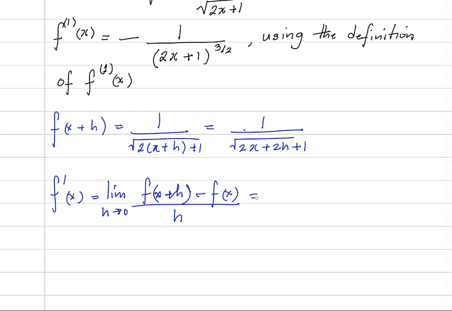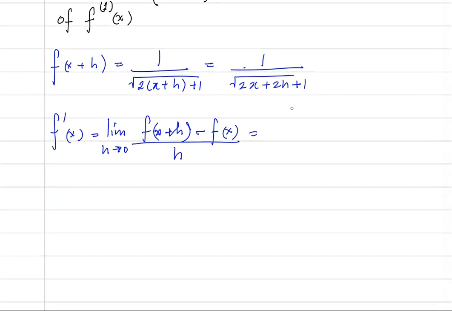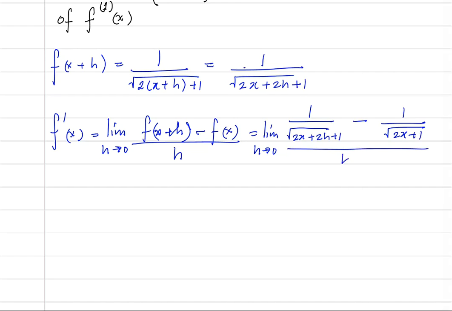So this would be equal to the limit as h approaches 0 of 1 over the root of 2x plus 2h plus 1 minus 1 over the root of 2x plus 1, and this is over h.